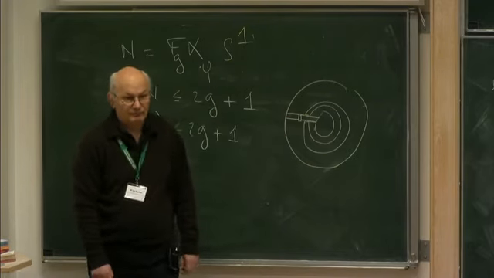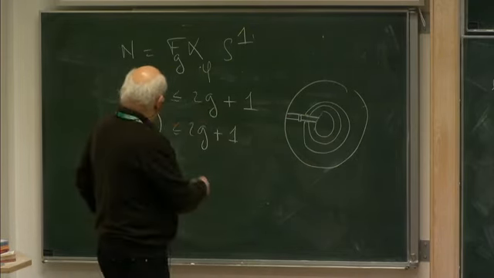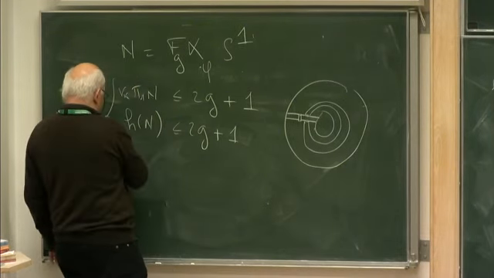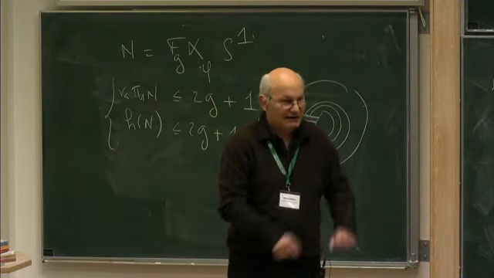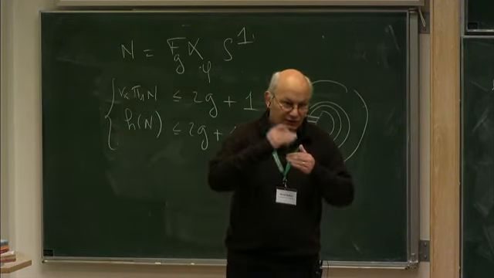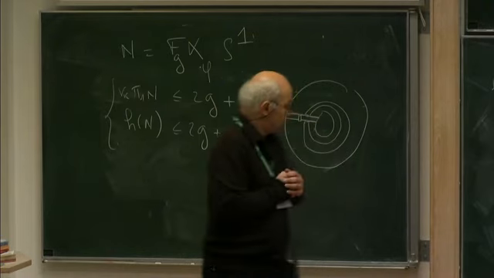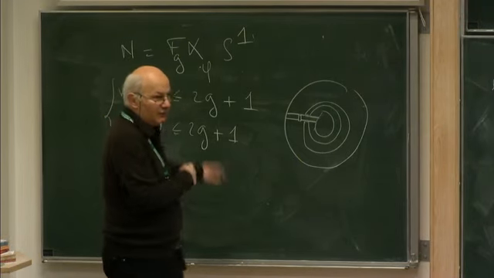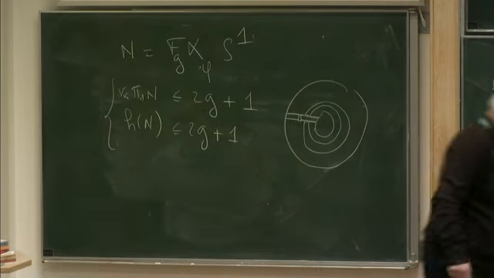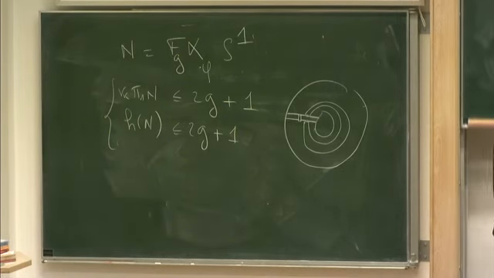So in some sense, you have this kind of inequality, and it happens easily that if you take a sufficiently high cyclic cover of N, you will have equality.